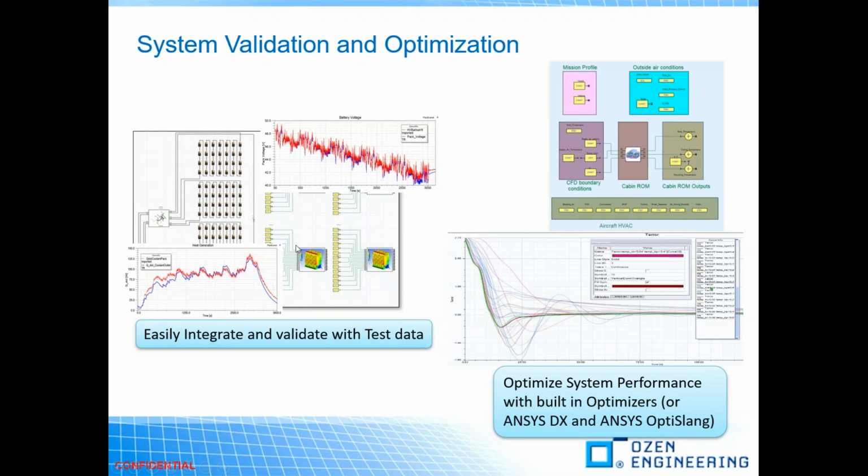You can compare your simulation and the test data and put them on the same plot. You can also optimize your system performance with built-in optimizers, either using ANSYS Design Explorer or ANSYS optiSLang. So you can have your results plotted with different parameters.